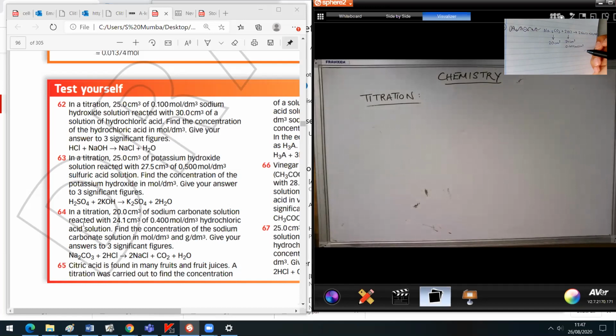Find the concentration of the sodium carbonate solution in moles per decimeter cubed. Grams per decimeter cubed. So is that the sodium carbonate is this one? Yep. So what we need to do is we use this equation, that one, and then we rearrange it so that you're doing volume times by concentration.